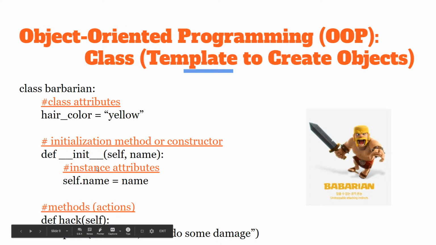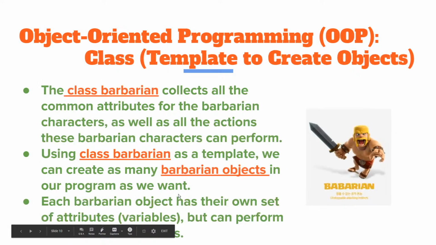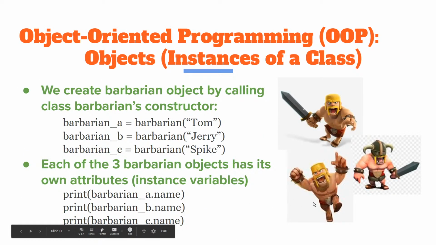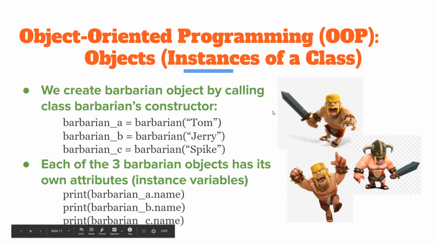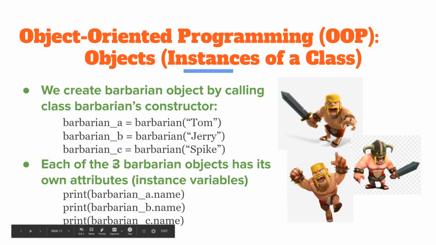We can either call for any instance attributes, say barbarian_a.name, or we can call any methods like hack. There are obviously many possibilities with this, and this is very important. Once you write the class, it is very important you know how to make instances of a class, or make objects, and also to be able to call on the attributes or the instance variables.